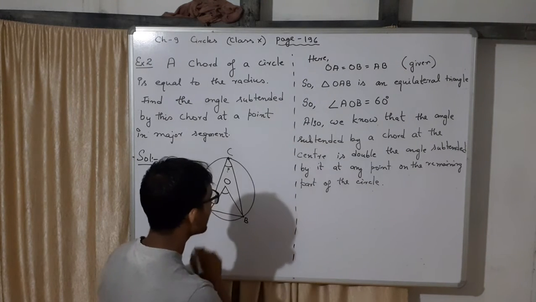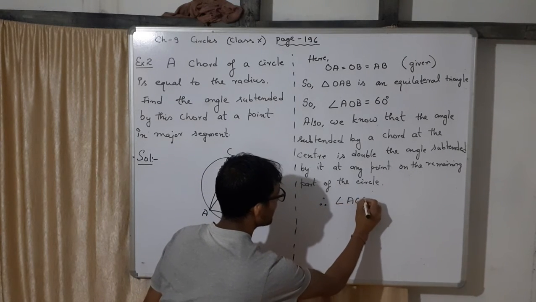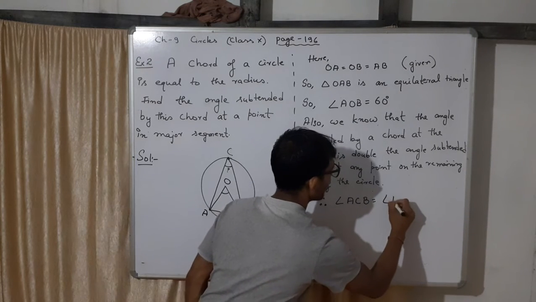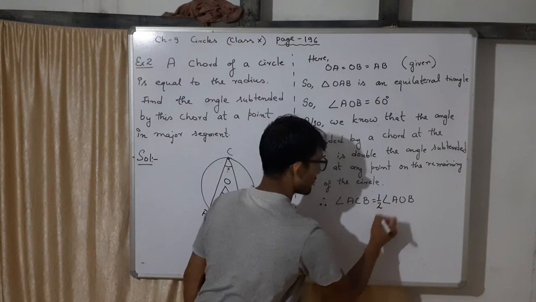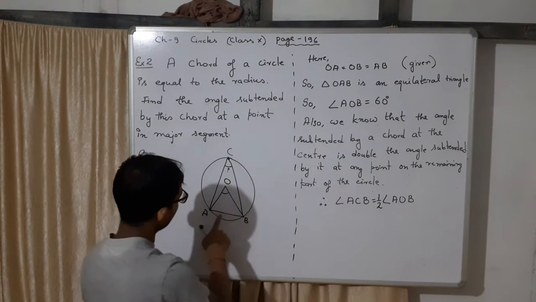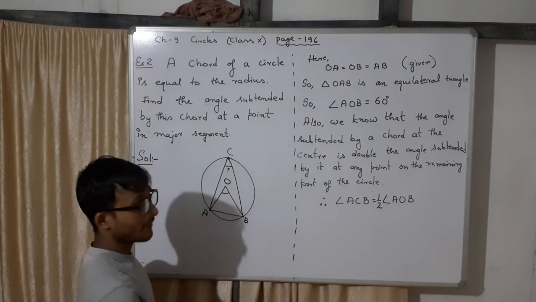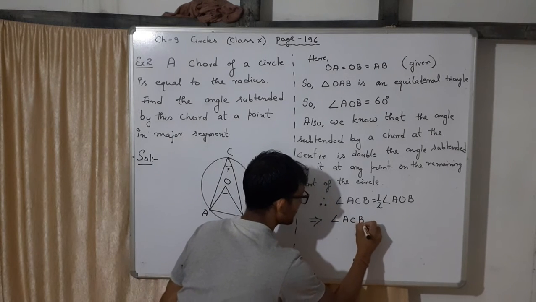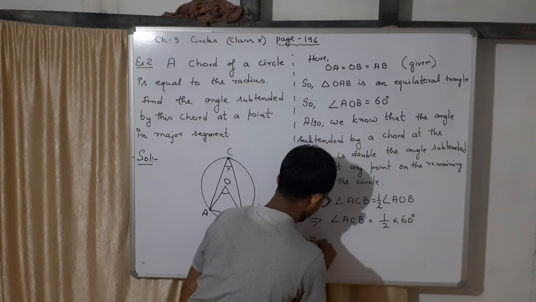Now this enables me to write that therefore angle ACB is going to be equal to half of AOB, right? This is what I said here. I said that AOB will be double of ACB. That means ACB will be half of AOB. We already know what is AOB. Very easy. Half into 60 degree.